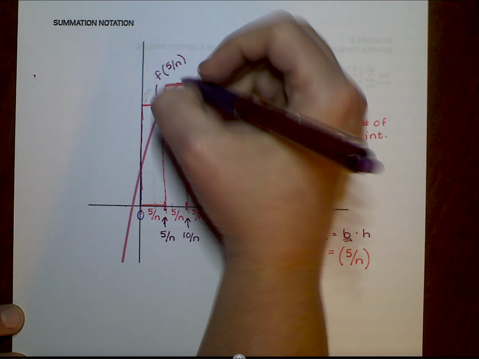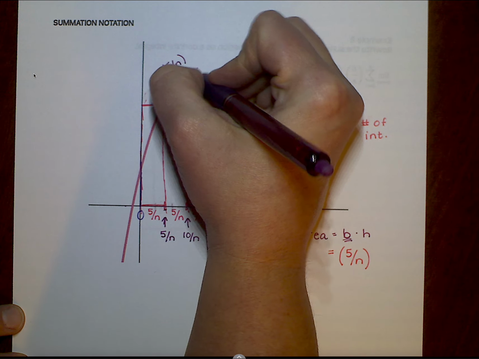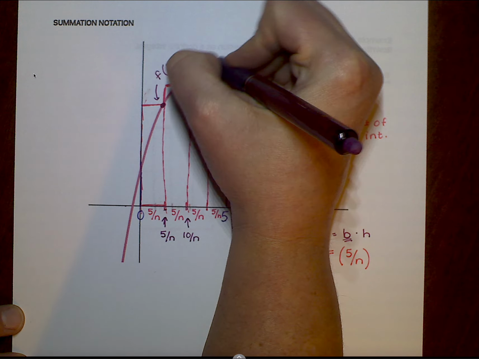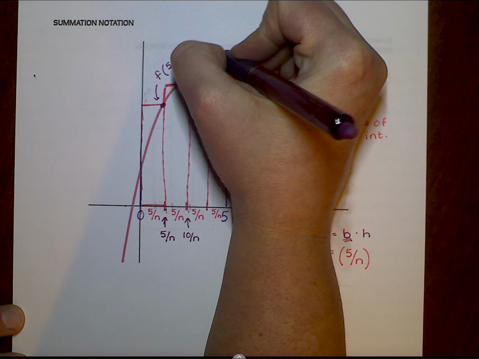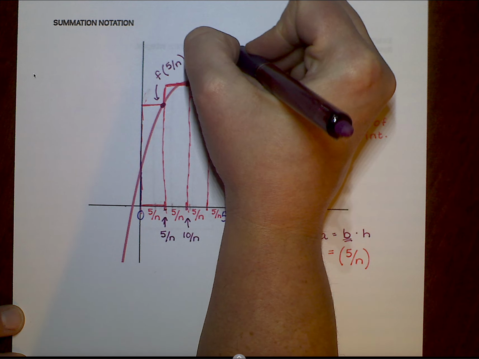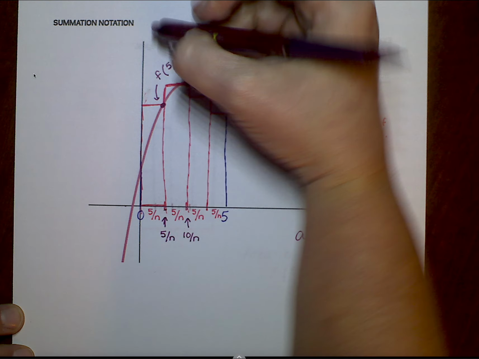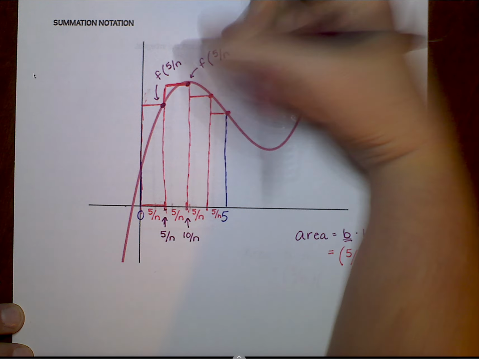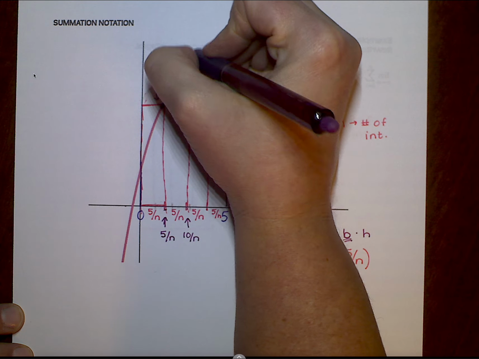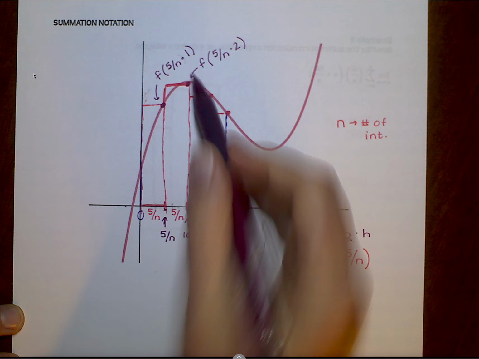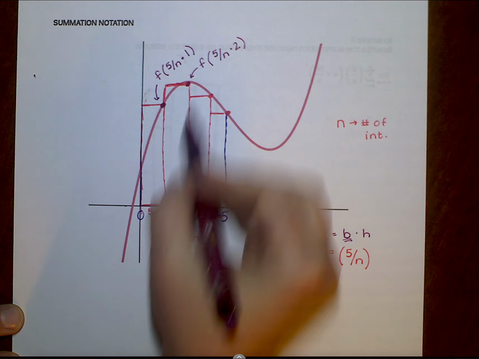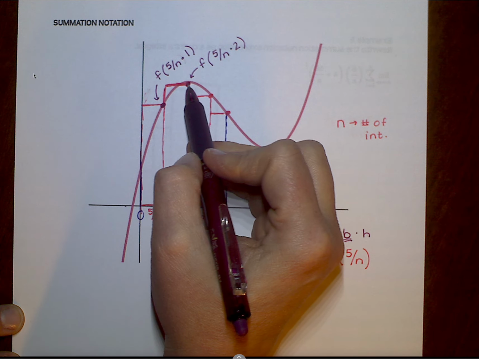I'm going to call this point f of 5 over n times 2. And just for consistency, I'll go back and say this first one was 5 over n times 1. So this would be f of 5 over n times 2.